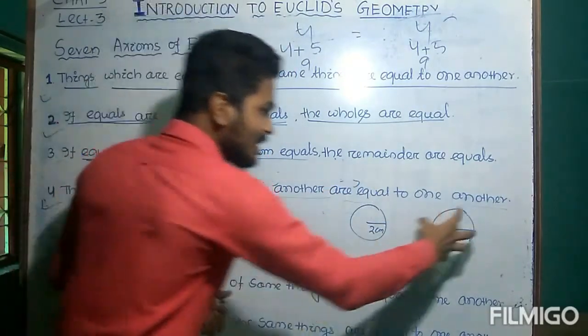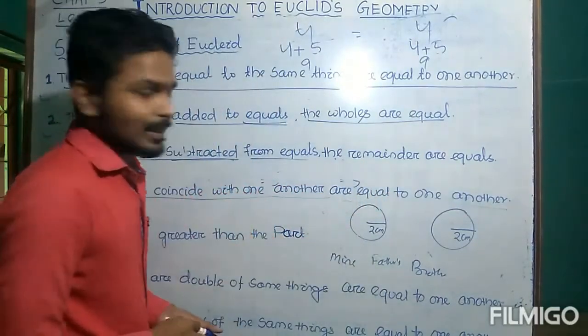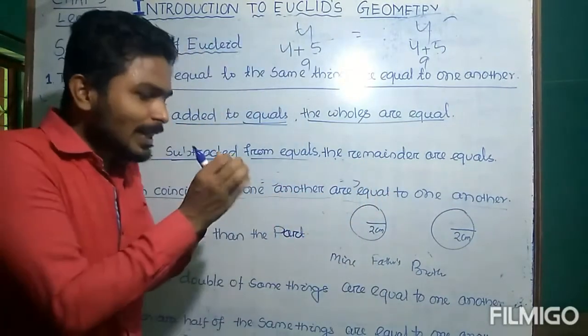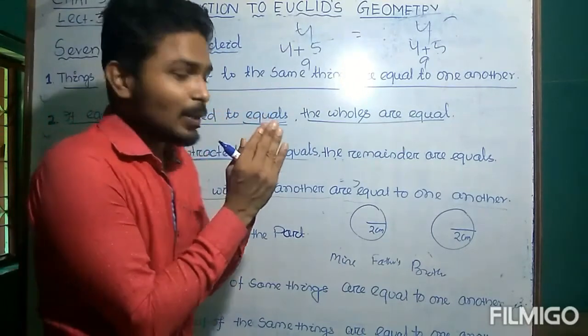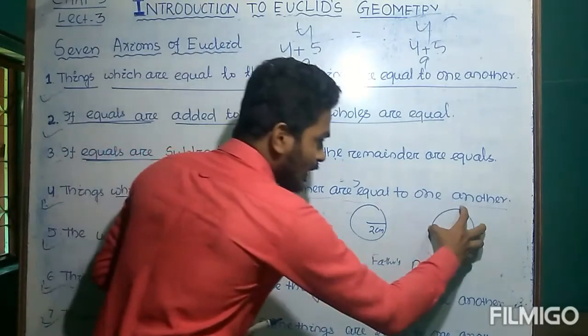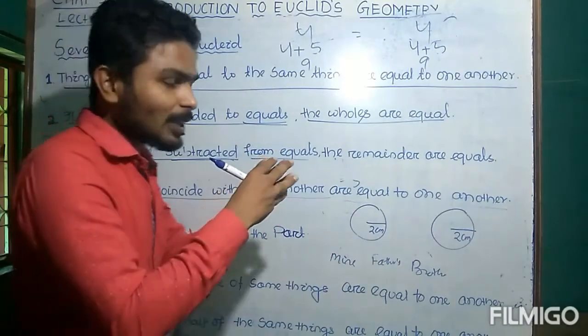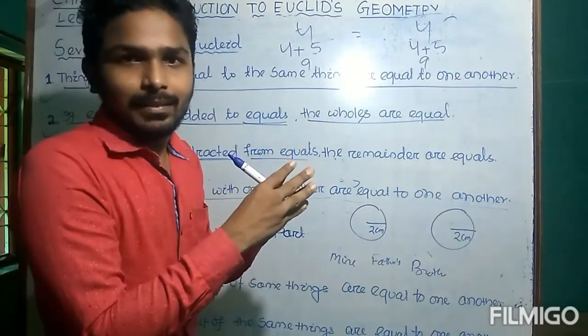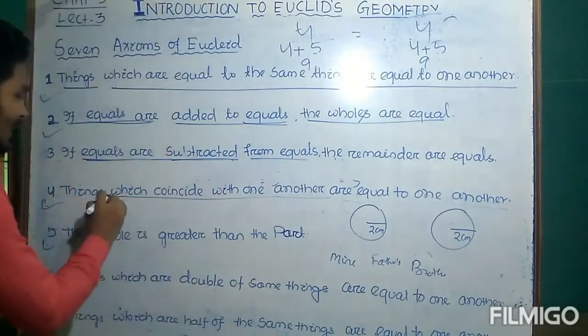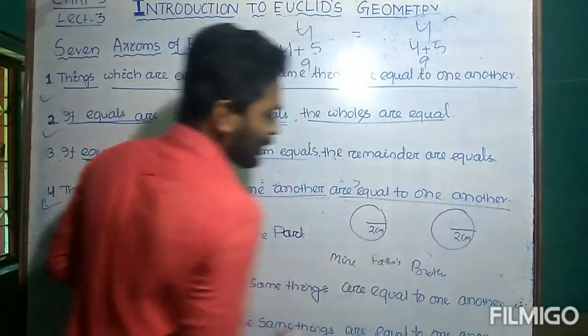Coincide means if you cut out this circle and paste it over the other circle, you find that the two circles will just coincide with each other. So it is written that things which coincide with one another are equal to one another.